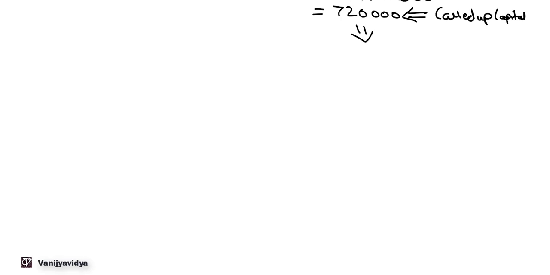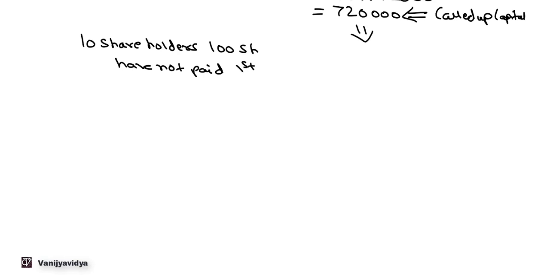Now out of this 7,20,000, say there are 10 shareholders that hold 100 shares and have not paid the first call, that is 30 rupees. So 30 rupees per share into 100 shares, that is 3,000 rupees. So now this 3,000 rupees is called up capital, but it is not paid.